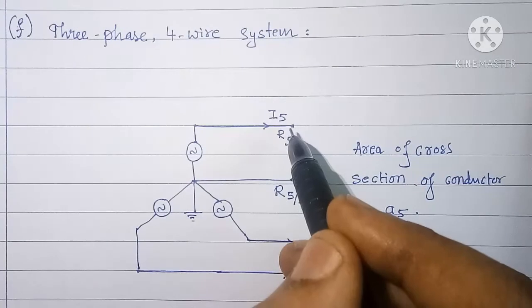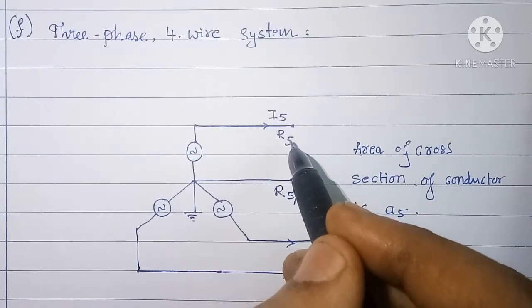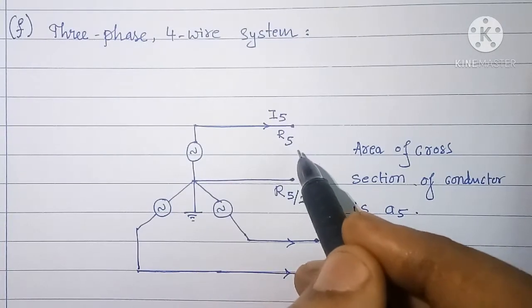Here current through line conductors is assumed to be I5 ampere and resistance of each line conductor is assumed to be R5 ohms.